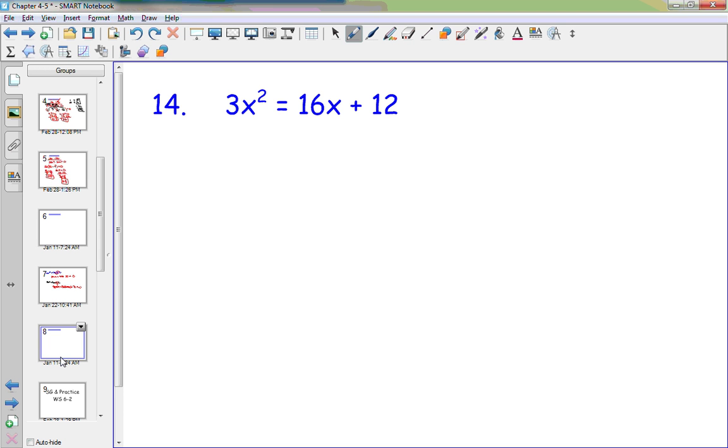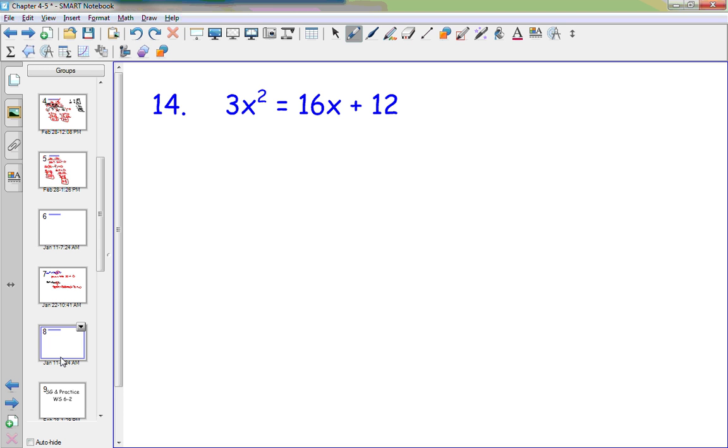Gotta get it equal to 0. I gotta make it equal to 0. So what do I do? I could subtract 3x squared from both sides, but then I want you to stop and think about that. If I subtract 3x squared from both sides, what does that make that? How many of you like to deal with the negative on the x squared term? No. So instead of subtracting 3x squared from both sides, what else could I do?